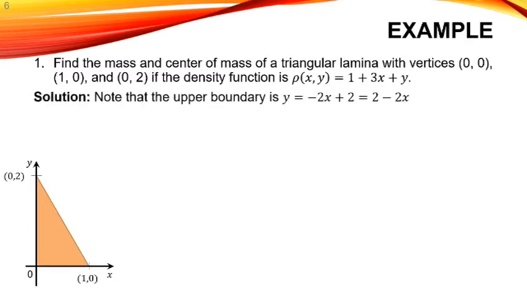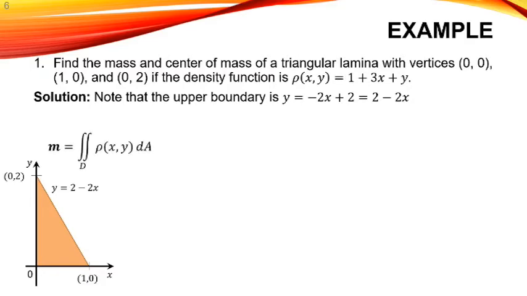So solution is that take note natin that yung upper boundary is a linear function, y is equal to negative 2x plus 2, which can be changed into 2 minus 2x para walang negative sa unahan. So yan yung ating boundary on the upper side.